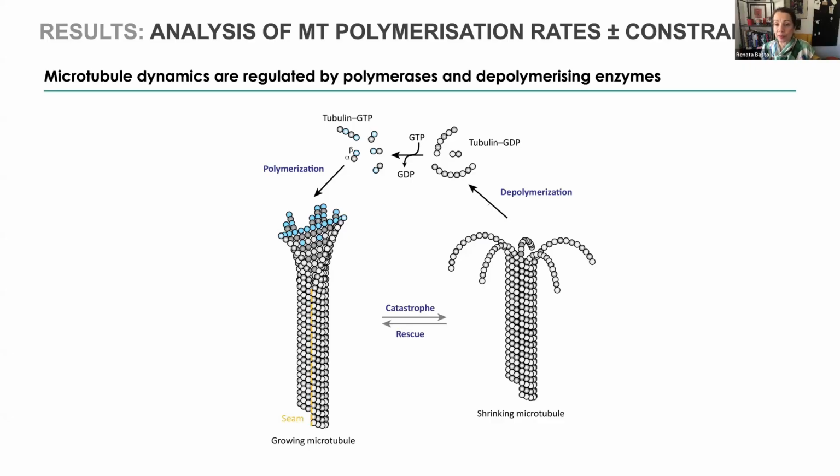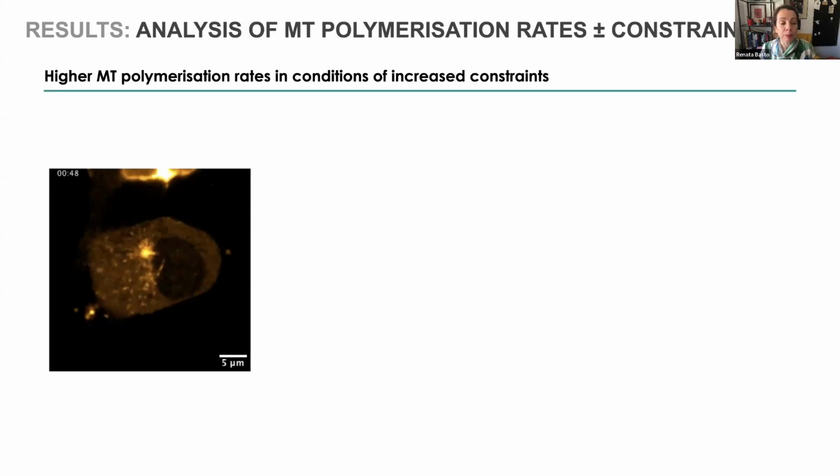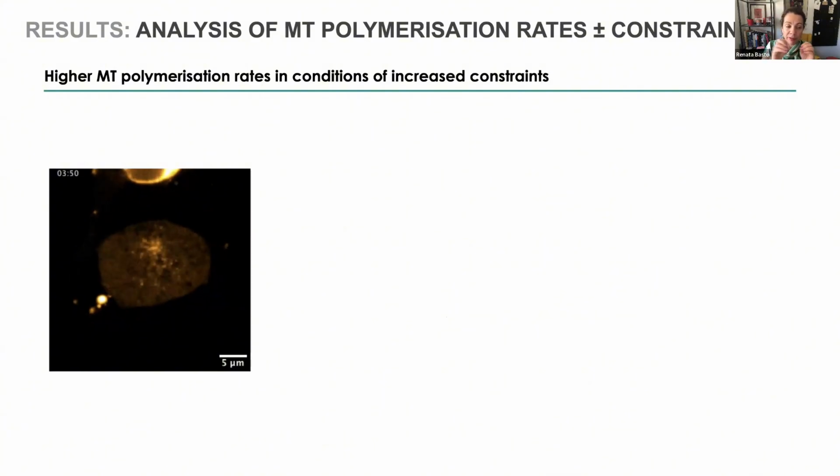And one of the ways of looking at microtubule dynamics is by focusing on EB proteins. Here I'm showing a movie of an EB3 protein, where you can see this very dynamic behavior of microtubules being nucleated from the poles.